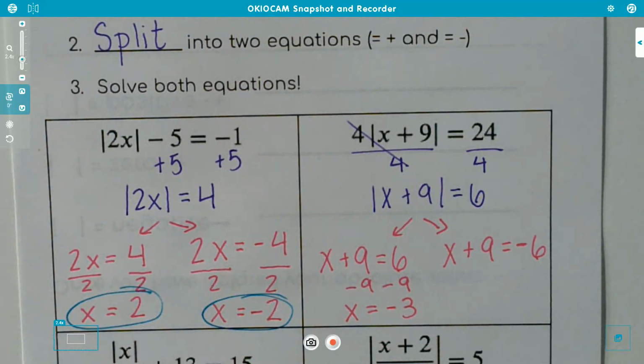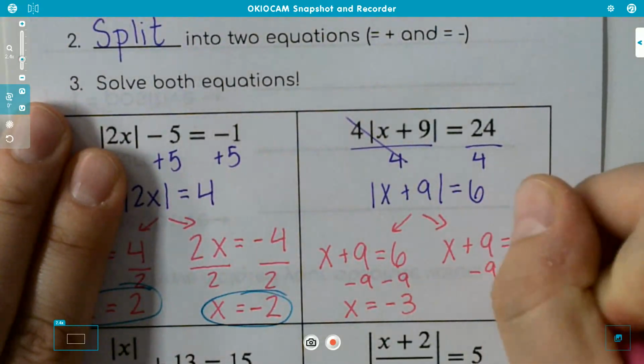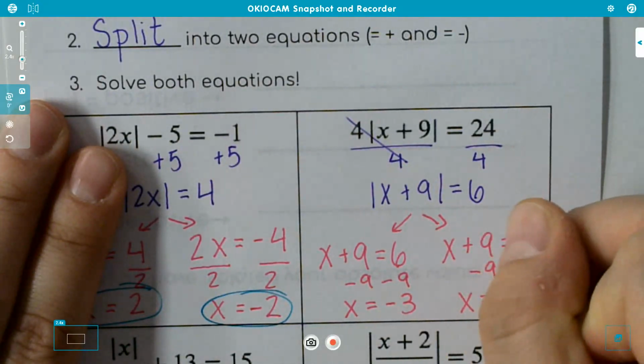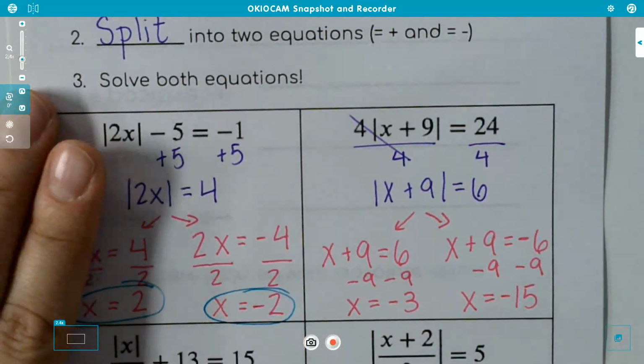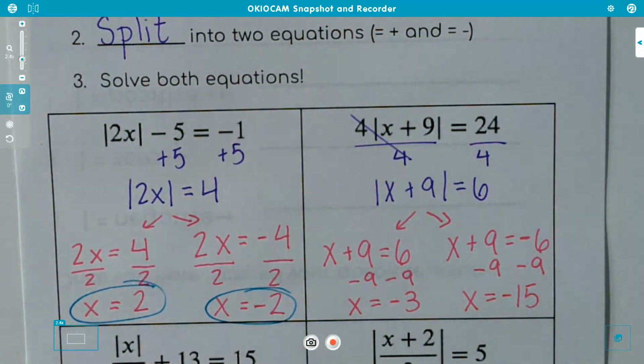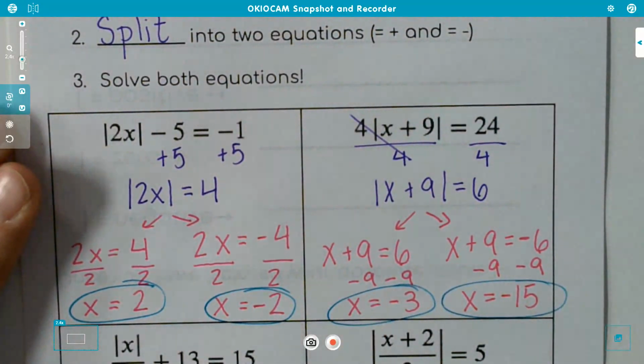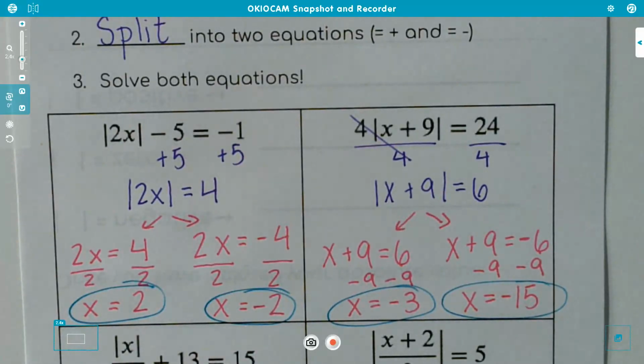And then the other one, we subtract 9, we subtract 9. -6 minus 9 is -15. Right. Any questions right now?